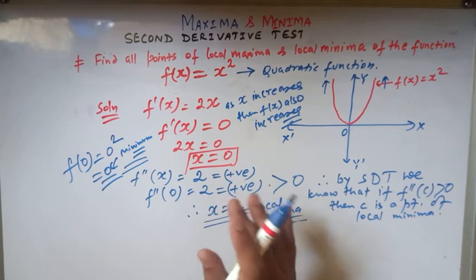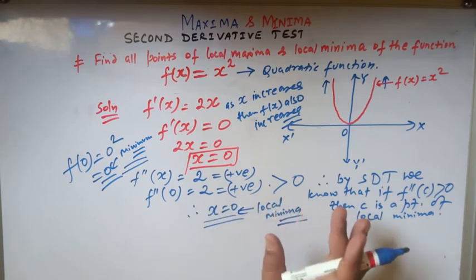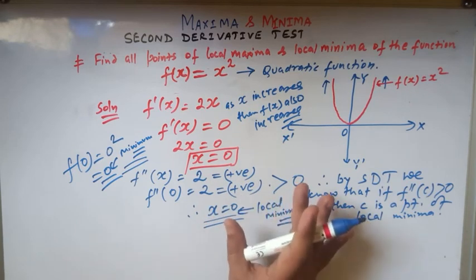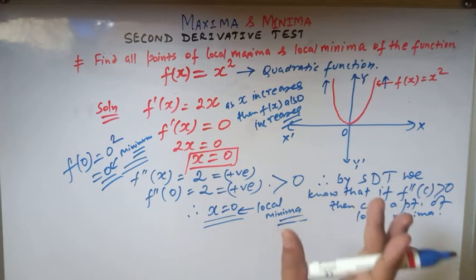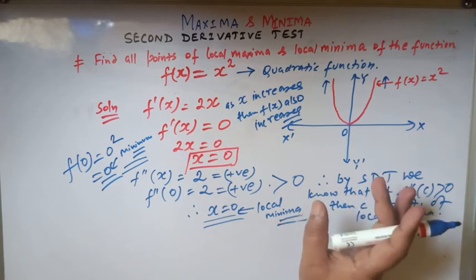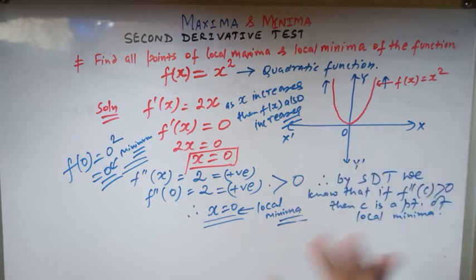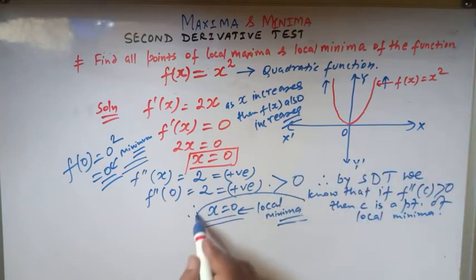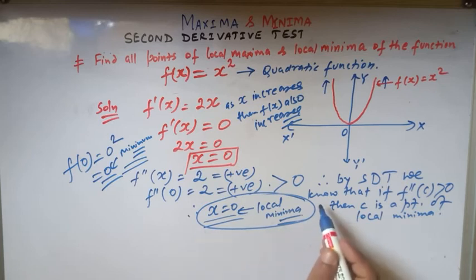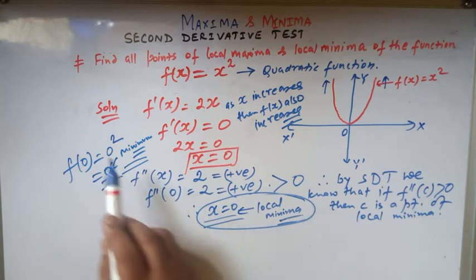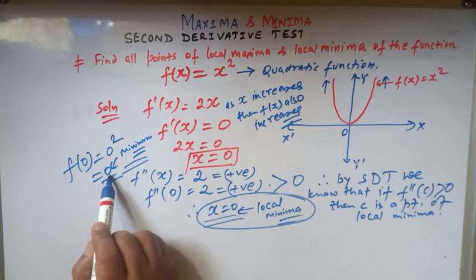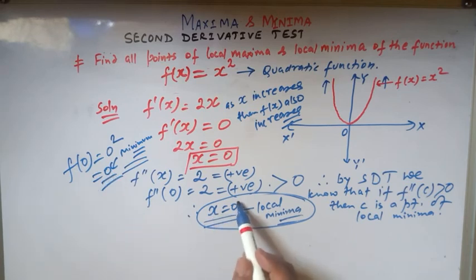So we conclude that f has no maximum value, and hence no point of maximum value of f in R. So the minimum value of f is 0, and it occurs at x equal to 0. Clear?